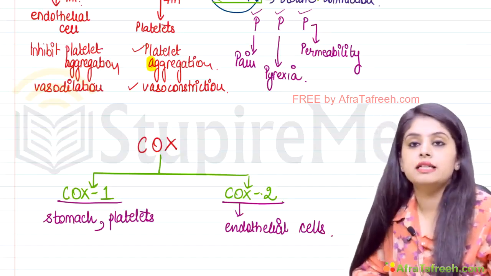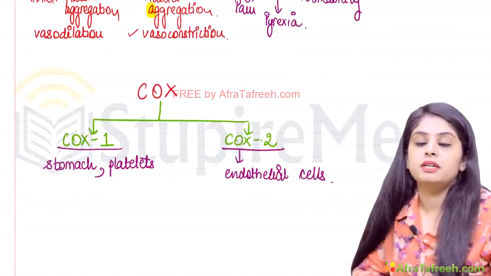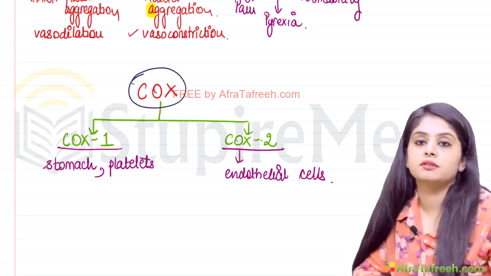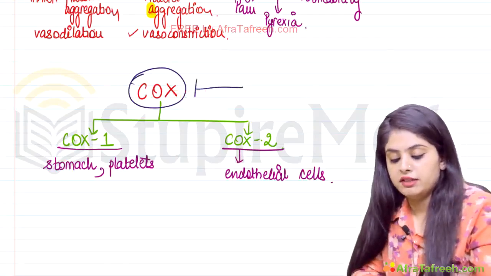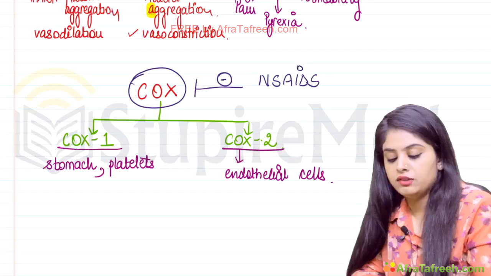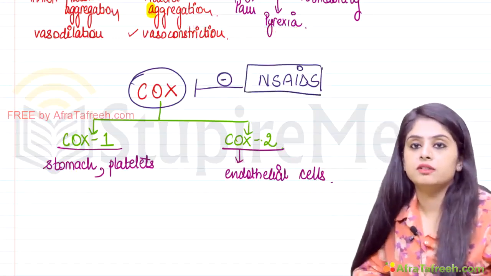Why are we doing this in detail? For example, you want to stop the inflammatory process, so you give a COX inhibitor. You give a COX inhibitor, that is NSAIDs. Non-steroidal anti-inflammatory drugs, these are COX inhibitors.